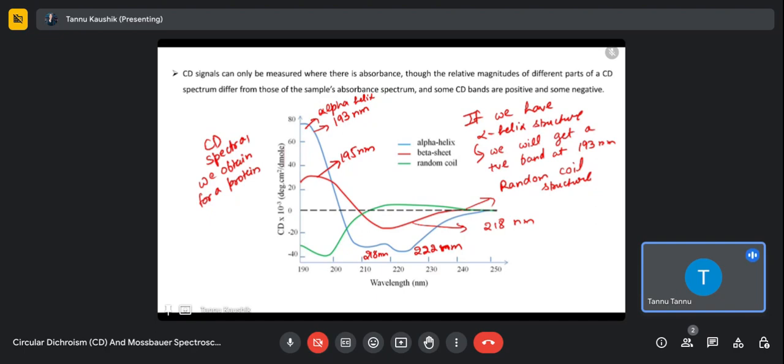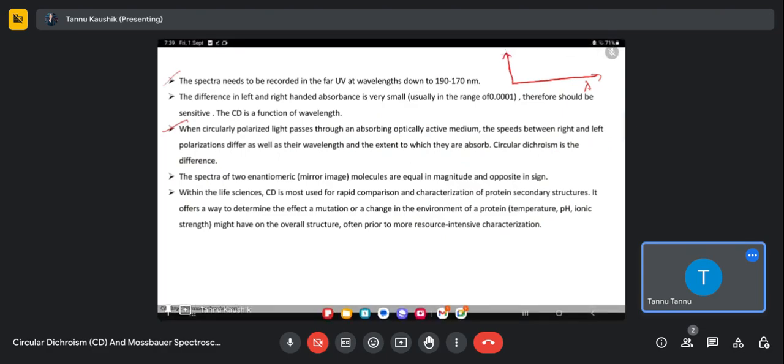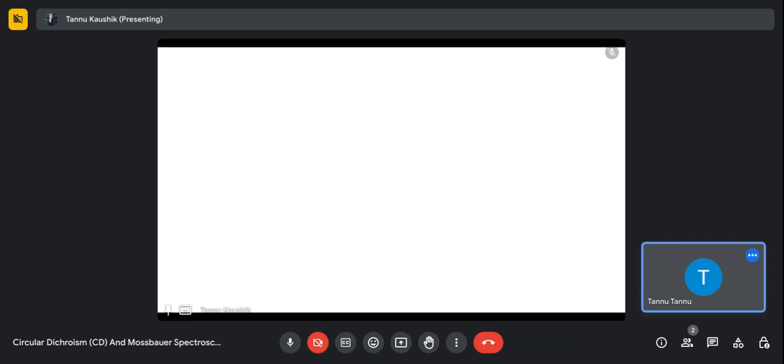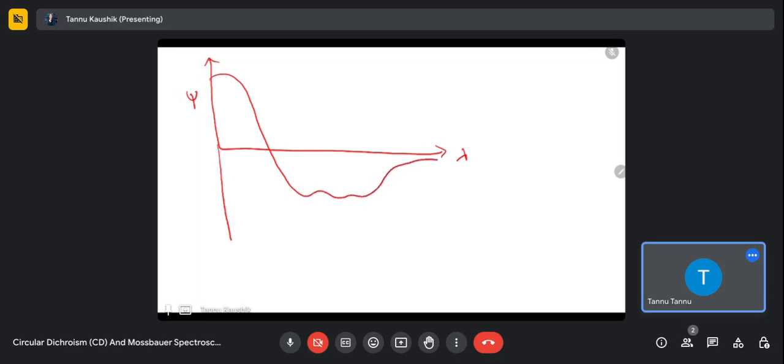So if we have a protein which has a mixed structure, for example, if we have a CD spectra, here we can see that we have a positive band, let's say it is around 193 nanometer, and this is the broad band in the positive region.